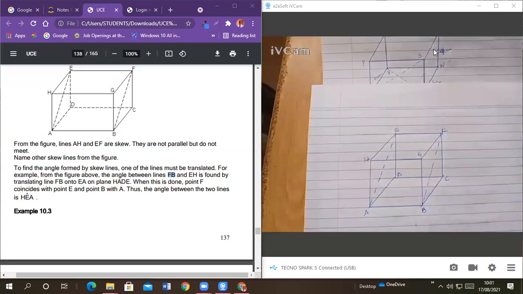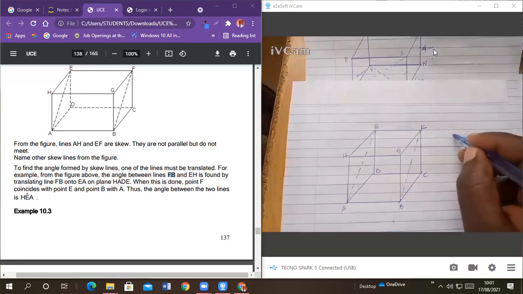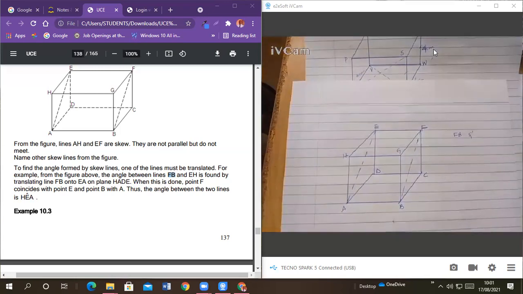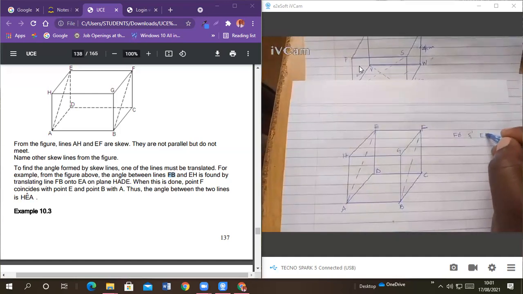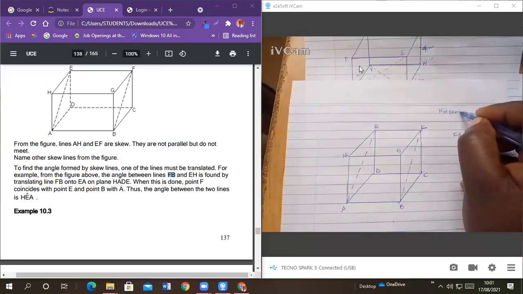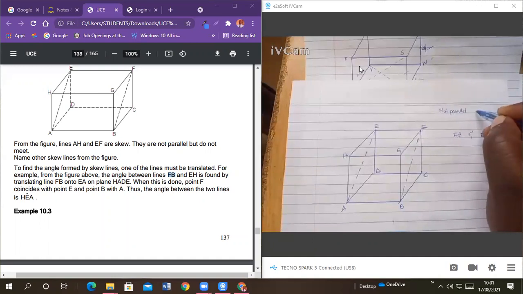Now they have said line FB and line EH. These two lines are skew lines. They are not parallel and do not meet.